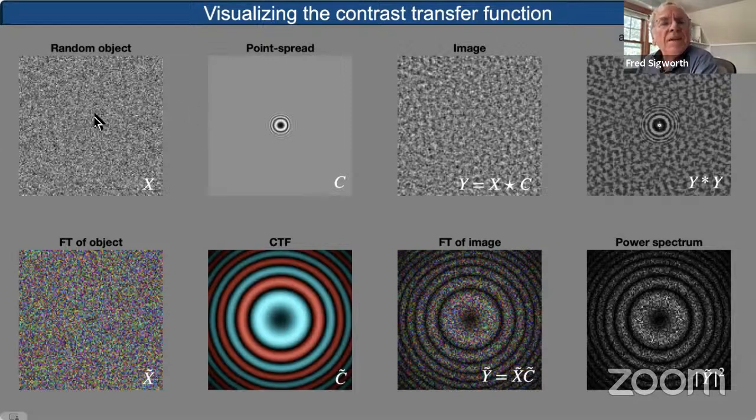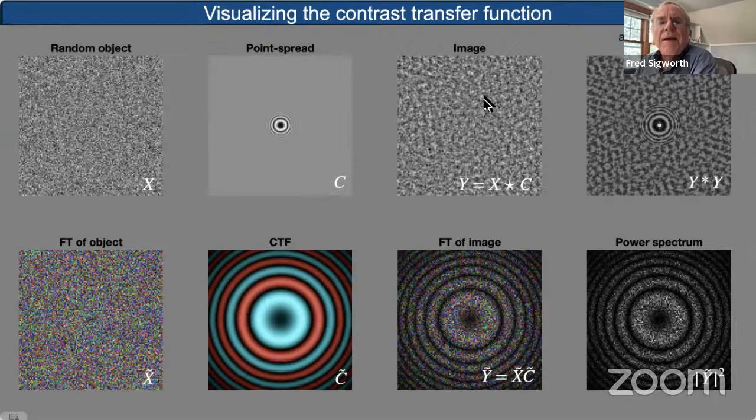So what we do is we have our random object, we take its Fourier transform, which also looks like a random object. We have the contrast transfer function, we take the product of the two, and this is what we get. We get the beautiful colored random phases, and there are zeros here, which are the zeros of the CTF.